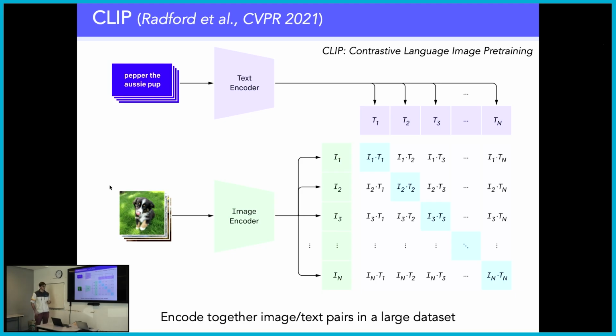The idea is to go on the web and find a lot of pairs of text and images, and to train the network to encode pairs of images and text very close by in the latent space. You can do that for a million exemplars, and this is contrastive learning where you force two members of the same pair to be encoded closely in the latent space and other pairs to be separated.